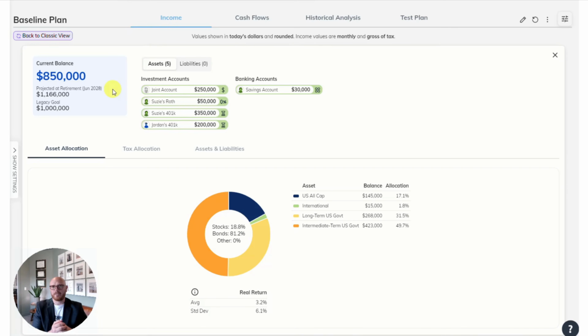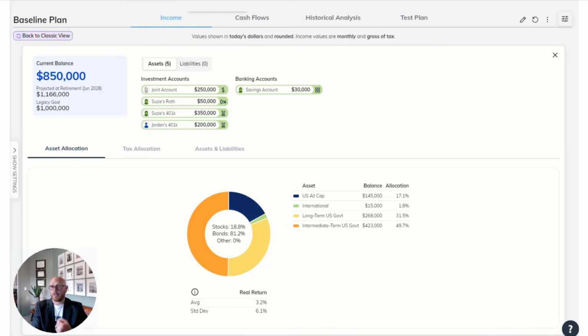It's a great benefit for those that have it. The other way they're saving for retirement is through their brokerage account, taking money after tax and purchasing investments through that portfolio. With all that together, you can see they're planned to have about 1.1 million in 5 years when they retire.